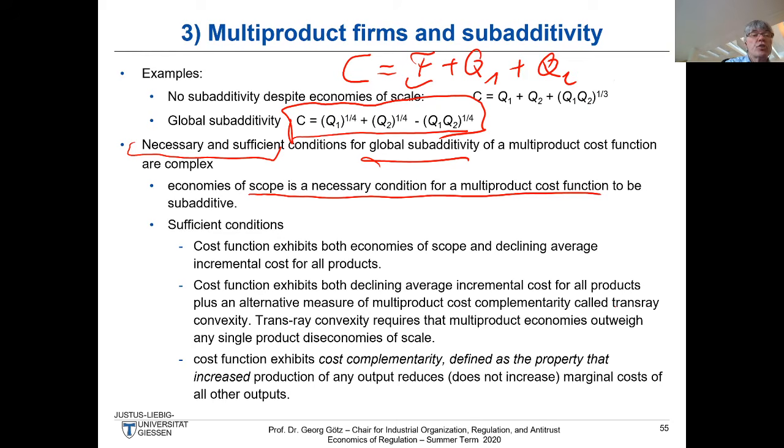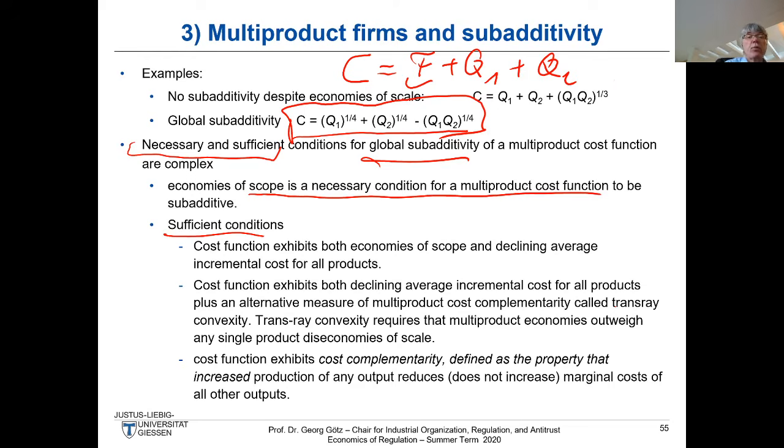If you have sufficient conditions, you know that these conditions are enough to guarantee the result, but there might also be other, not so strong assumptions which give you the same result. This would be the necessary ones.